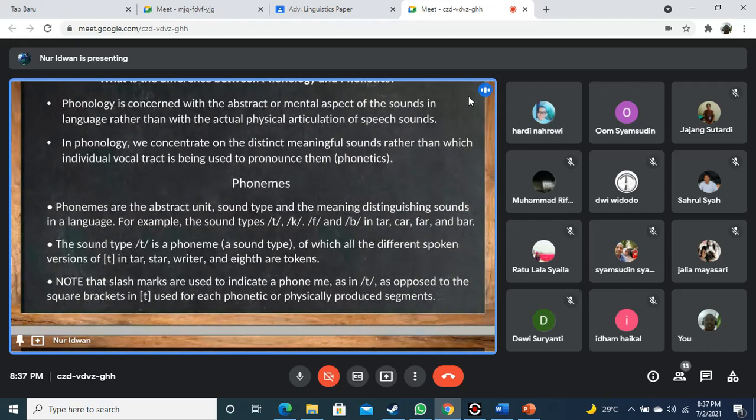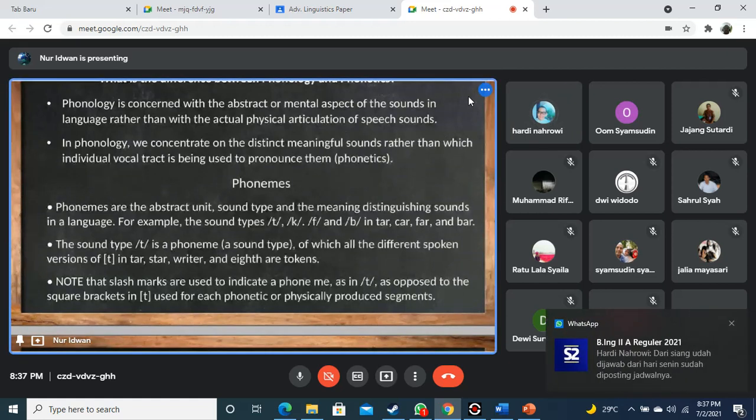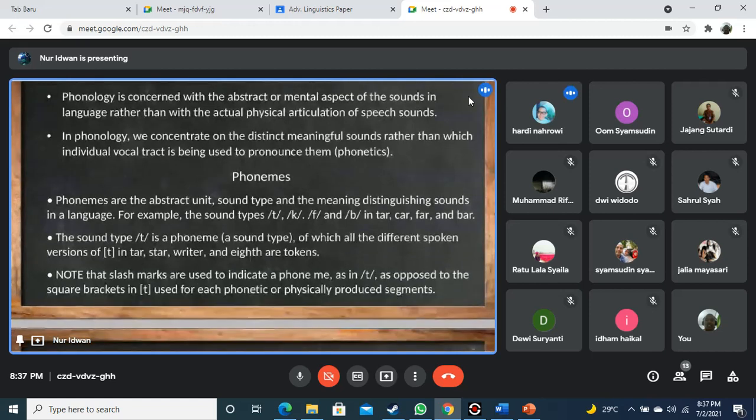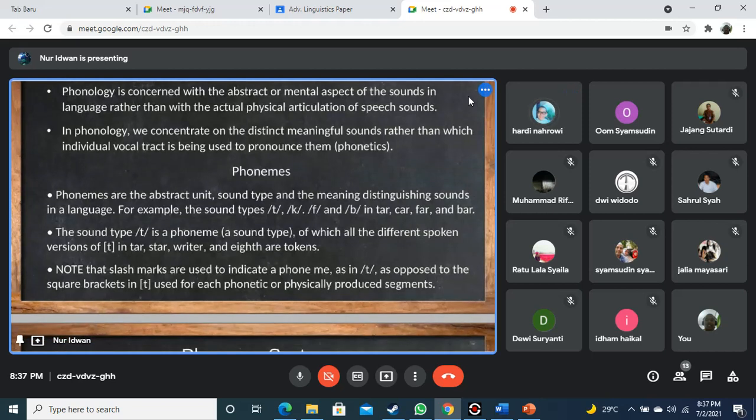For example, the sound types T, K, F, and B in tar, car, far, and bar. The sound type T is a phoneme, a sound type of which all the different spoken versions of T in tar, star, waiter, and eats are tokens.